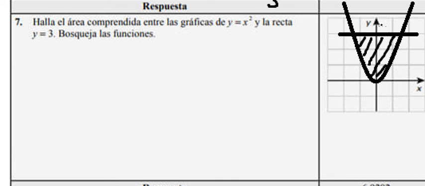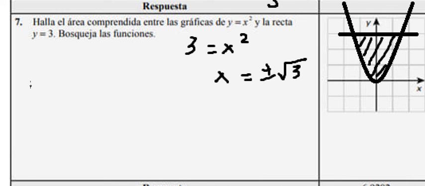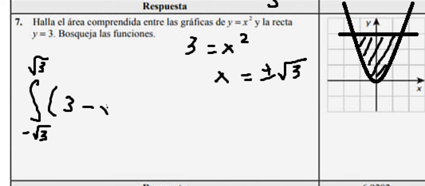So we see that 3 and x squared, we need to find the intersection. And we get x equal to positive and negative square root of 3. So we have the integral from negative square root of 3 to the square root of 3. We see that 3 in here is above the curve. So we have 3 minus x squared dx.